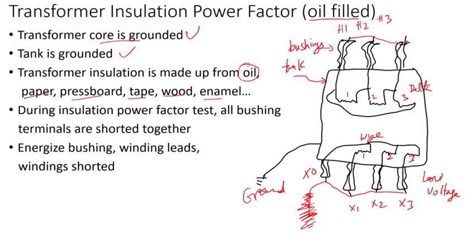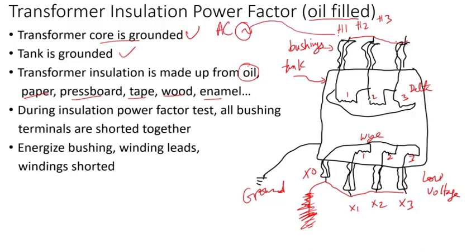So XO is isolated from ground. Terminals are shorted together, then energize bushing winding leads. So you can energize and measure from high, then you measure from low. Again, I'll talk about different tests later, but this just explains the test setup. Then you apply AC voltage.